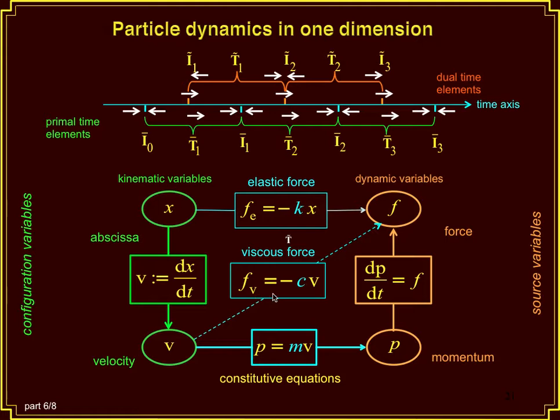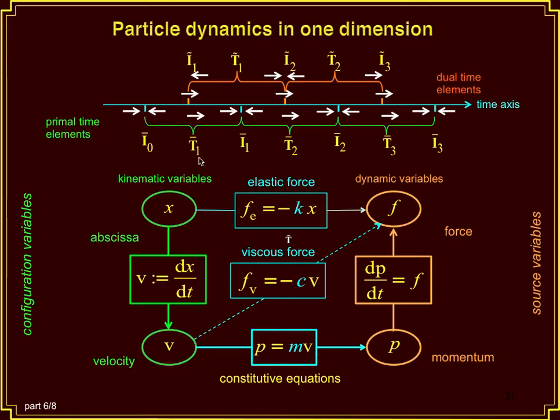The force may be linked to the velocity with this constitutive equation, minus c. And this is typical of viscous force. There is also the fundamental constitutive equation, p equals mv.